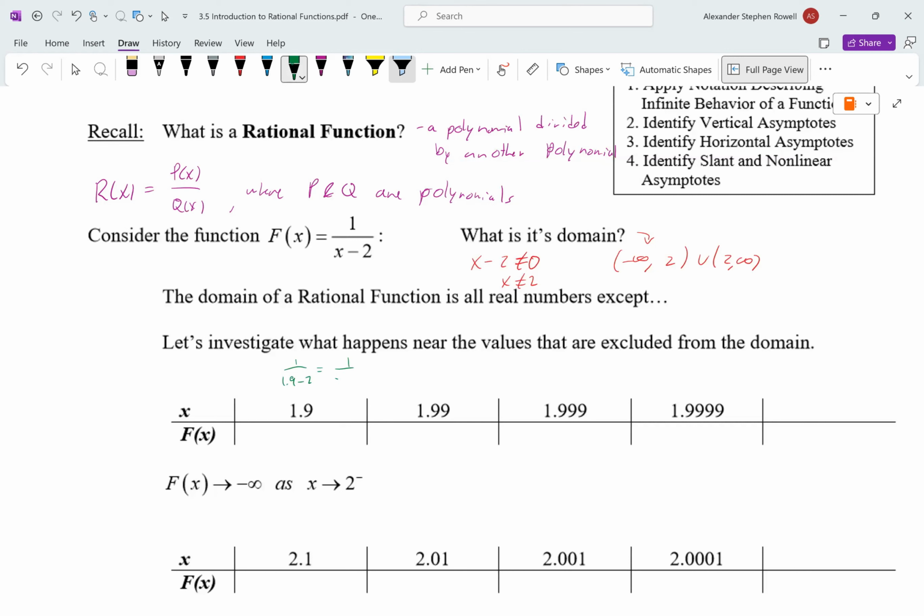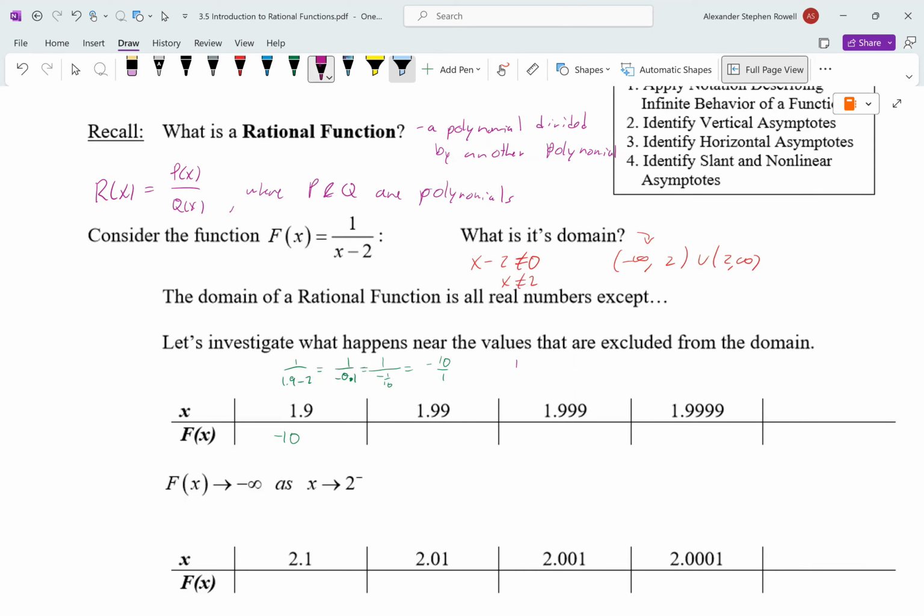Negative 0.1. So what's 1 over a tenth? It's 1 over 0.1. Dividing by a fraction is the same as multiplying by the reciprocal. It's negative 10.